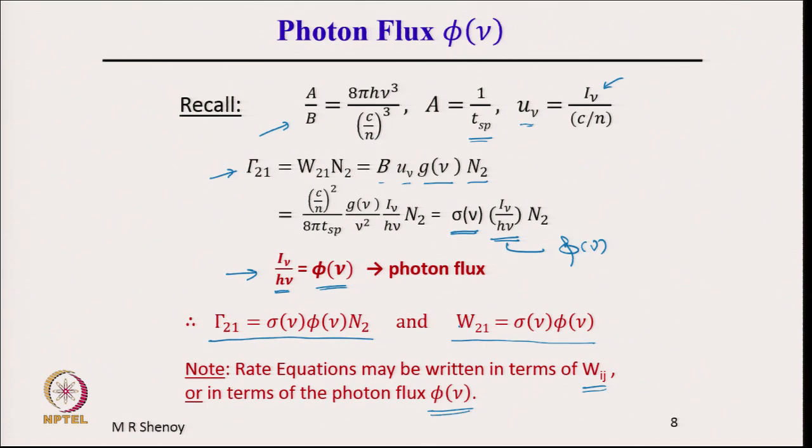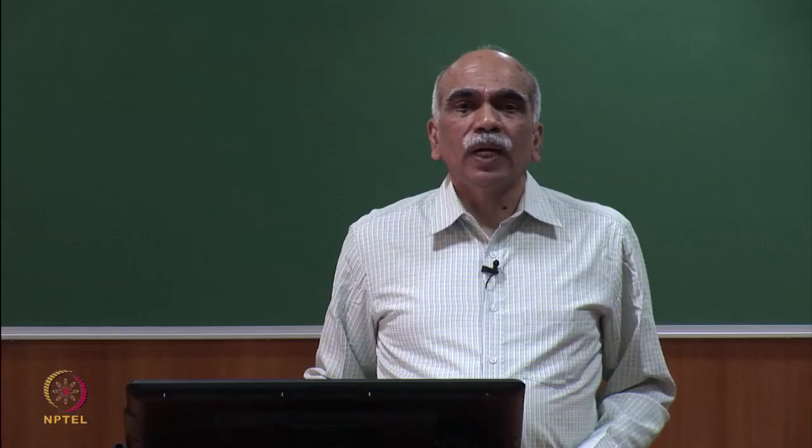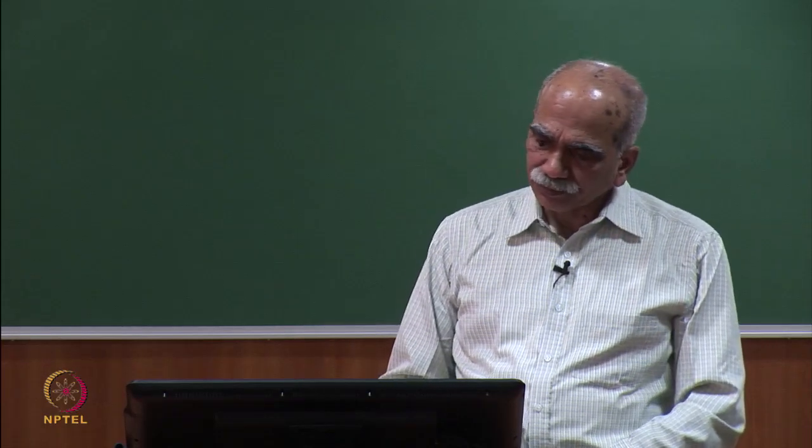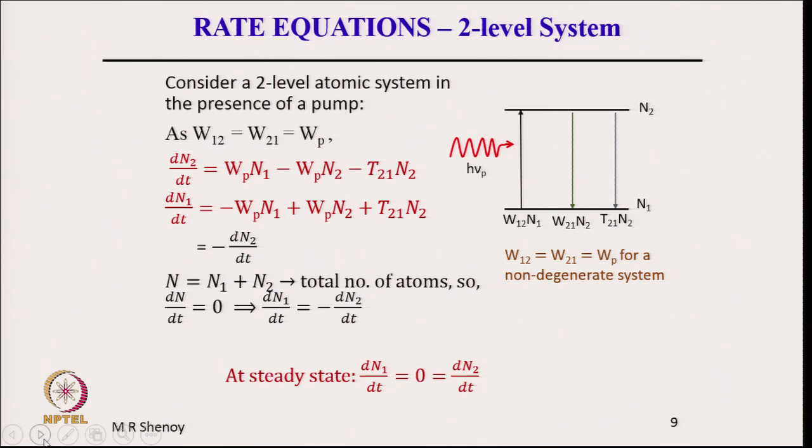Both are related. We will write the rate equations in terms of the transition rates Wij. Okay. Let us take up the rate equations, first for a 2-level system. So, consider a 2-level atomic system in the presence of a pump, as illustrated here.